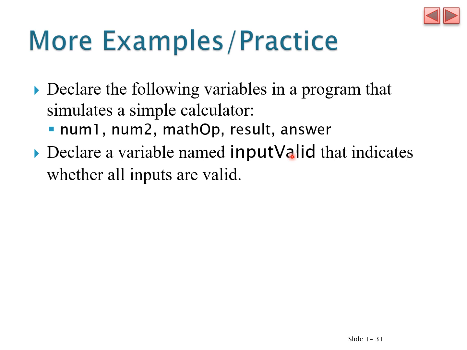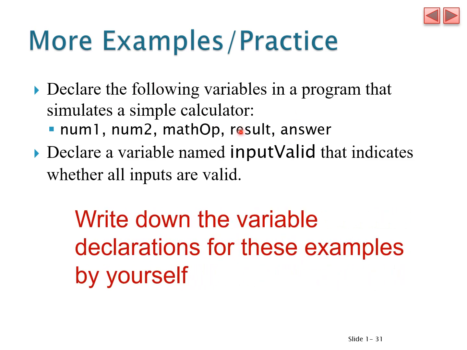But first, I'd like you to practice with these examples. You can pause the video now and write out the variable declarations for these examples by yourself. After you have written down your answers, you can continue the video to see a solution.